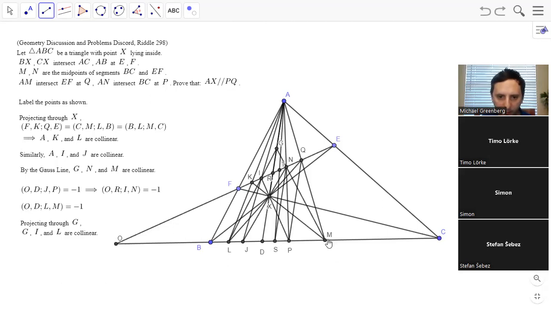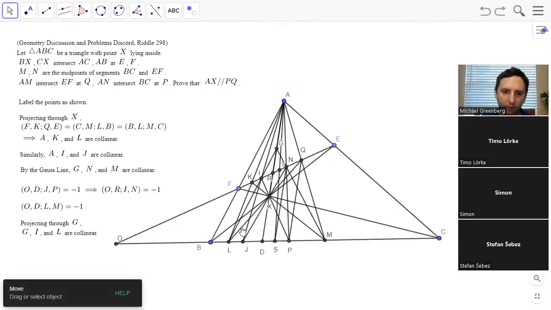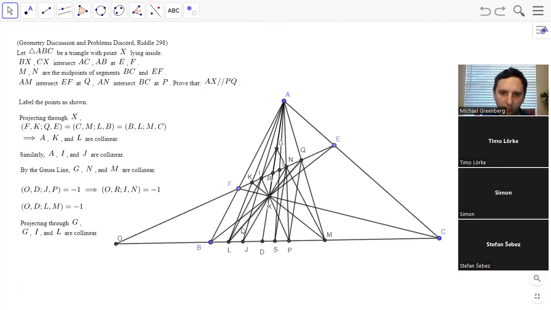But if you take LDPM and you project through X, LX goes to Q. So we want to show IRTN is equal to, yeah, it's just getting that T. That's the tricky thing.